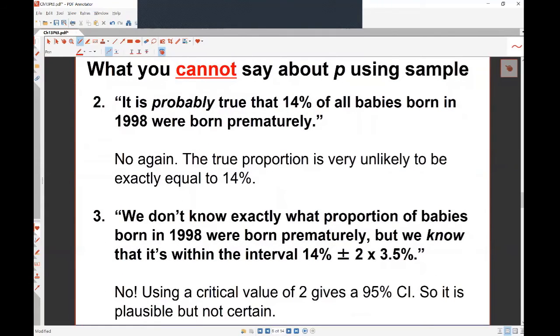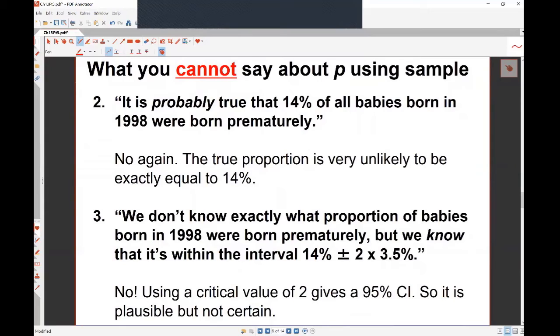We even have to be careful. We cannot say that it's even probably true, because that 14% is going to deviate to some extent from the population quantity. So it's not probably true that 14% of all babies are born premature. No, that 14% is close to, but not exactly equal to the truth.